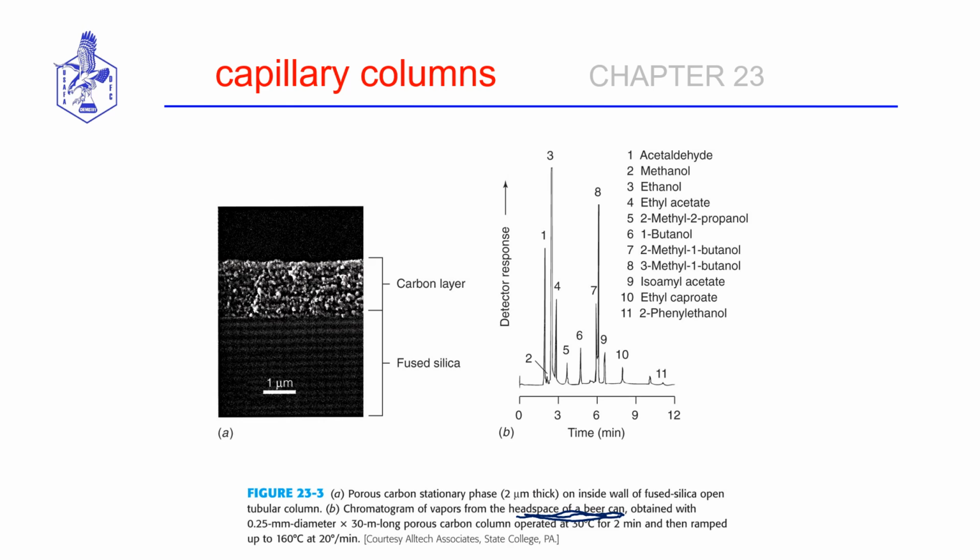These are the components that were detected, and the column that this separation occurred on has a fused silica backbone, and onto this particular column we have a high surface area carbon pore structure, 1 micron thick.